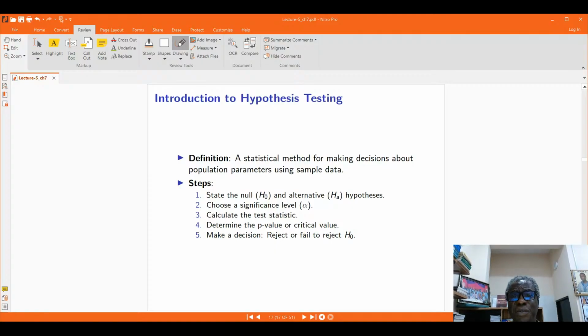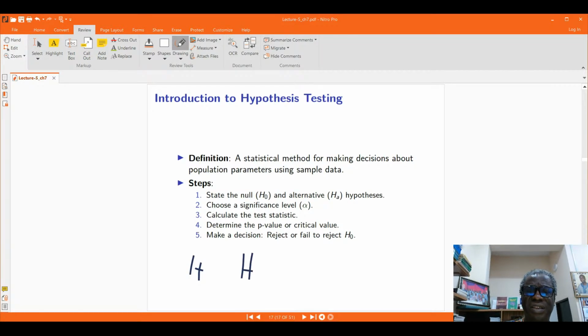And how do we formulate hypothesis? We formulate hypothesis by simply specifying the null, which we call the H naught, and the alternative, which we call the H1.